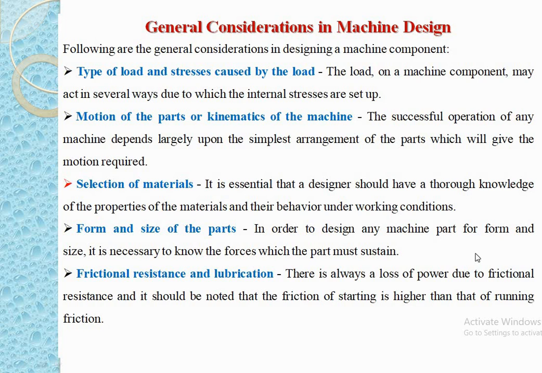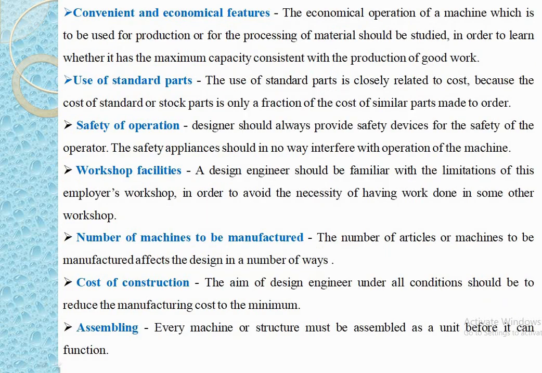Lubrication of all surfaces which move in contact with others is necessary. That means the design engineer should consider the frictional resistance that will occur when the component is subjected to the application, and how we can carry out lubrication or decrease that frictional resistance.